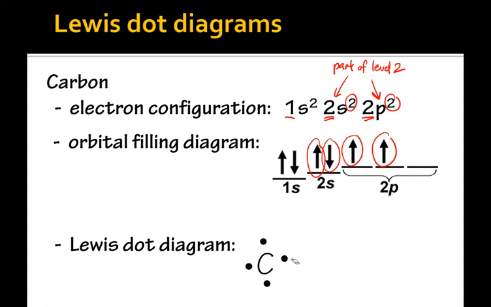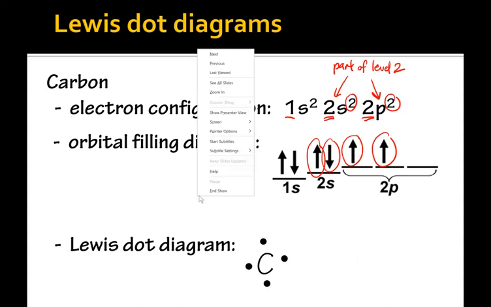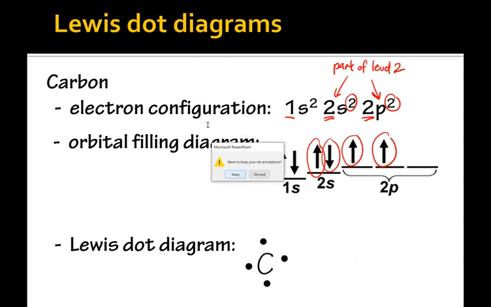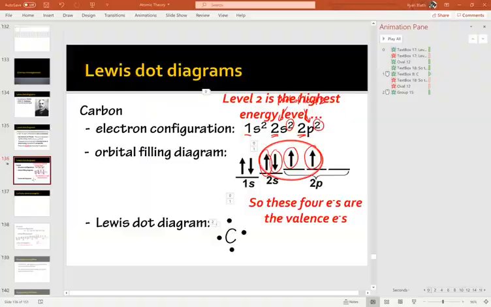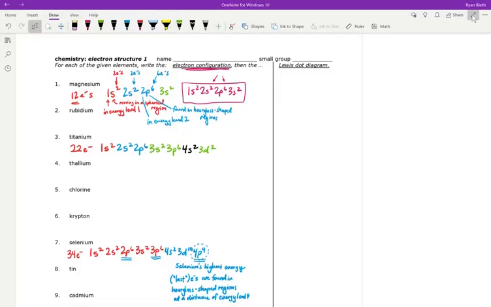Now, to get the number of valence electrons, you may have to think about the electron configuration at first. You may have to think about the orbital diagram. And the ones that we're going to do Lewis dot diagrams for in terms of our practice here to get started are ones that you've already done, either electron configurations or orbital diagrams for. So let's jump over there and look at some examples, the ones that we've been looking at up to this point from our previous practice.